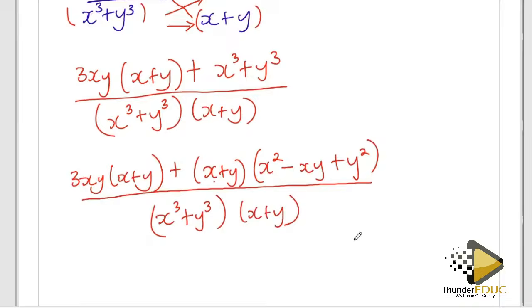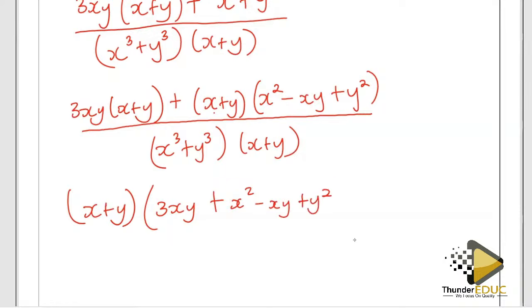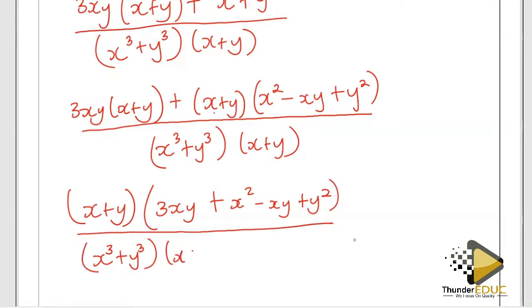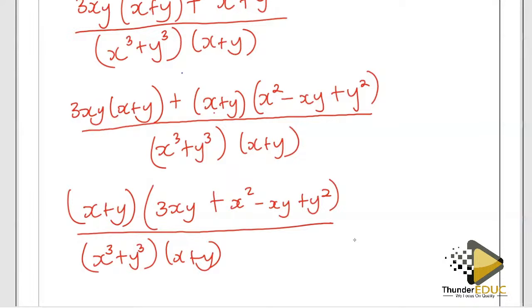Then what we observe will be common. From the top, x plus y is common. So you're going to have x plus y out, into 3xy, plus this entire bracket, x squared minus xy plus y squared. We're dividing this by x cubed plus y cubed into x plus y. So meaning that the x plus y and the x plus y should cancel out.